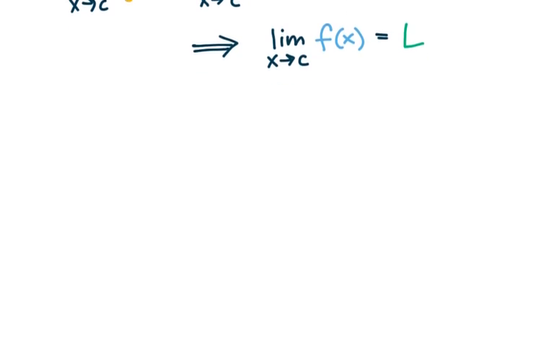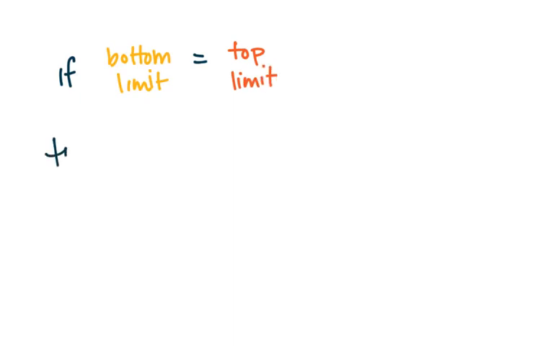And in maybe some more layman's terms, we could say if the bottom limit is equal to the top limit, then the limit of the function in the middle, the limit that is sandwiched, would also equal the same value.